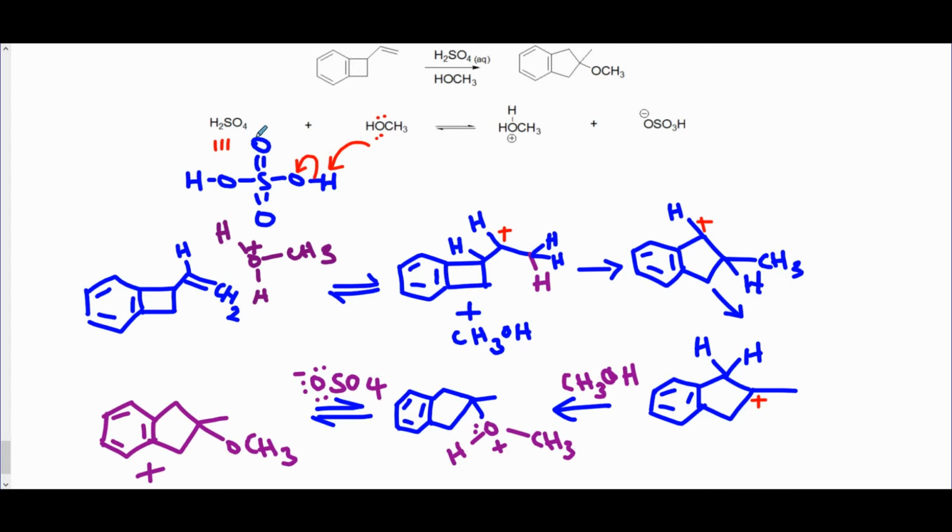So the first step, as suggested, you're trying to form this acid and the conjugate base of the sulfuric acid. To push the arrows, use the lone pairs of the alcohol to grab the acidic proton on sulfuric acid that goes there. You get that conjugate base and the conjugate acid from the base.